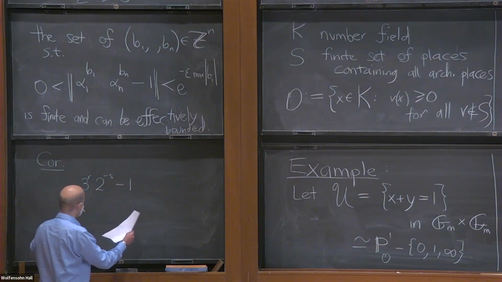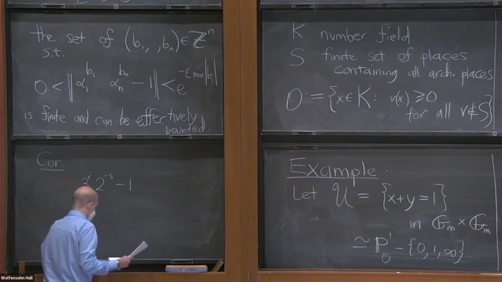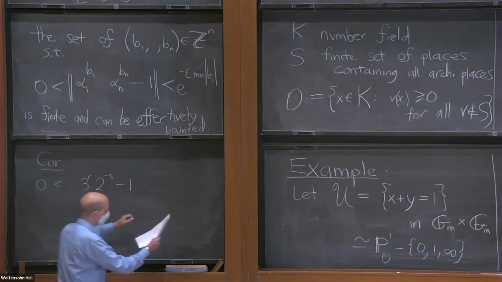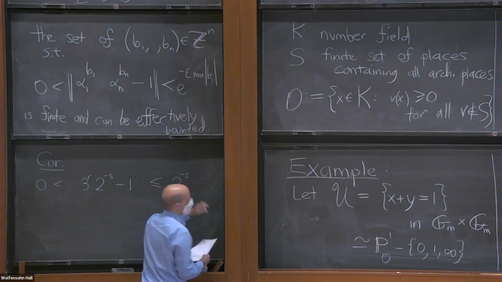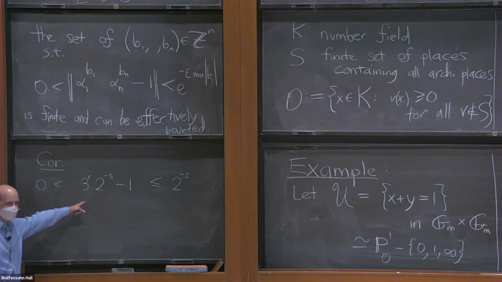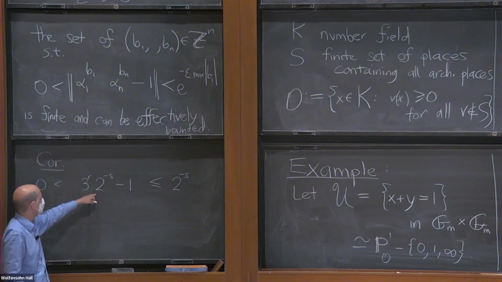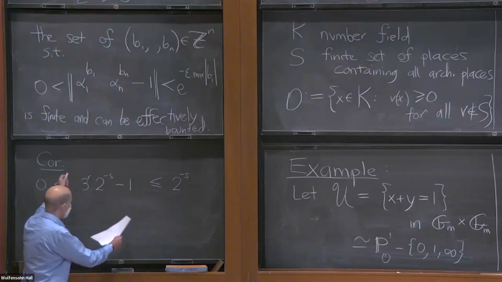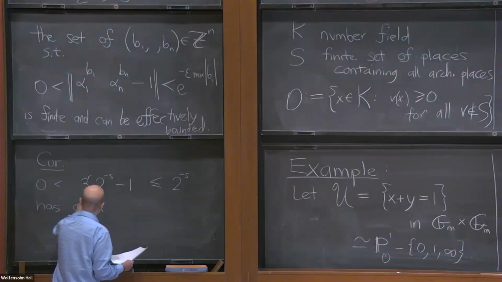More precisely, you could ask how often this thing is positive but less than or equal to 2 to the minus S. Anytime you have a solution to that equation, it'll also satisfy this. But Baker's theorem is telling you that only finitely often can this be this small. And so it's telling you that this has only finitely many solutions.